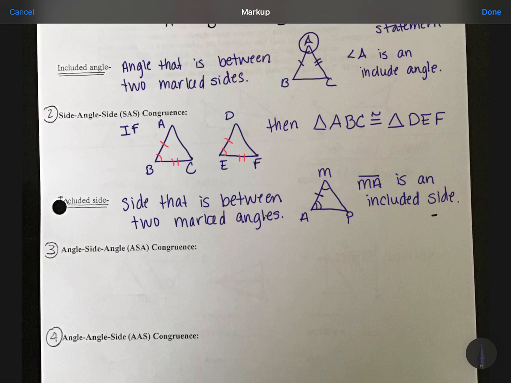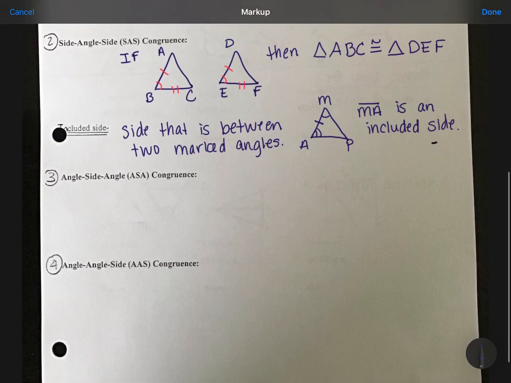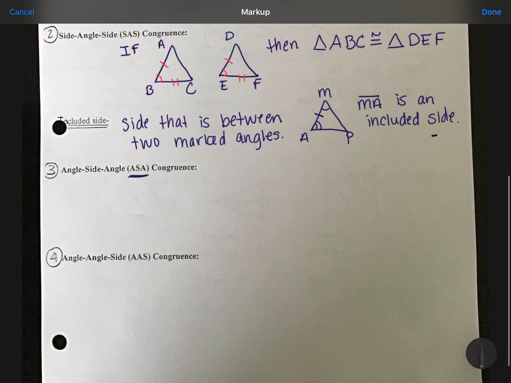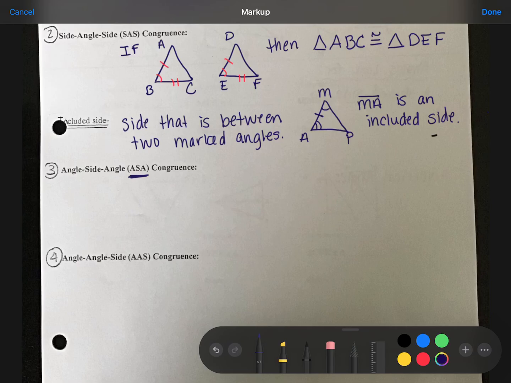So we need this included side to talk about angle, side, angle. Even if you look at the letters, angle, side, angle, S is between the two A's, indicating the side is between the two angles. Makes perfect sense.